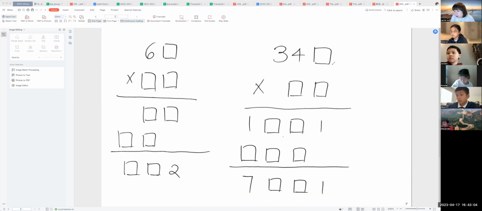Try the different possibilities. What if I put 3 here? So I want to ask Amelia, if 3 times what number, the last digit will be 1.